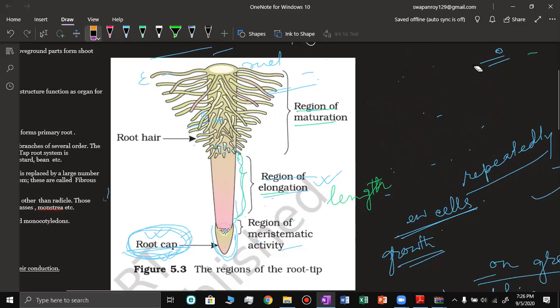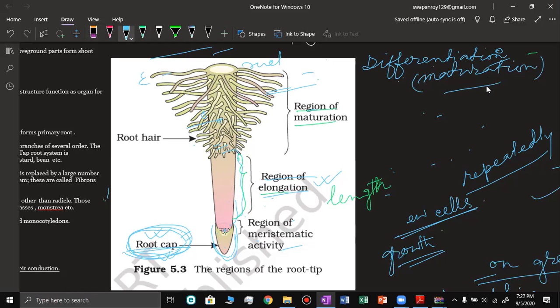Region of maturation. Once the cells have enlarged, then they start a process we call differentiation, or in a very simple way, we can say maturation. So this enlarged young cell starts the maturation, they change their shape, size.